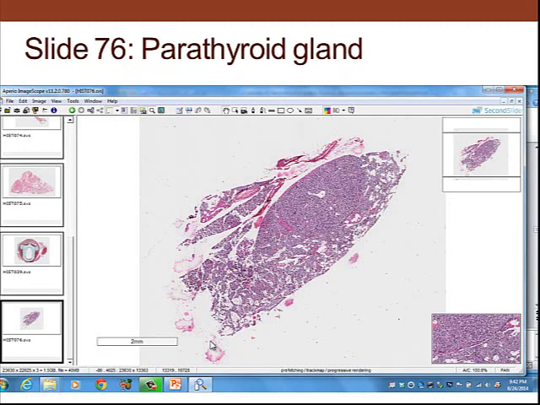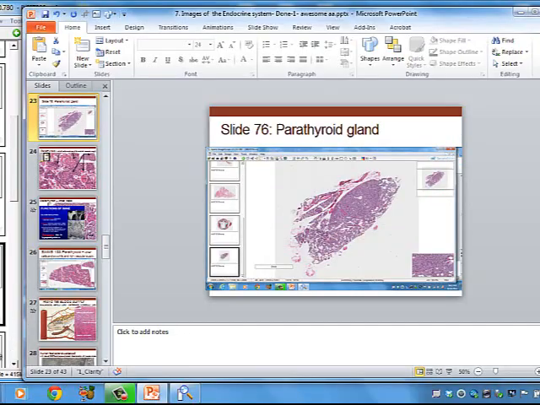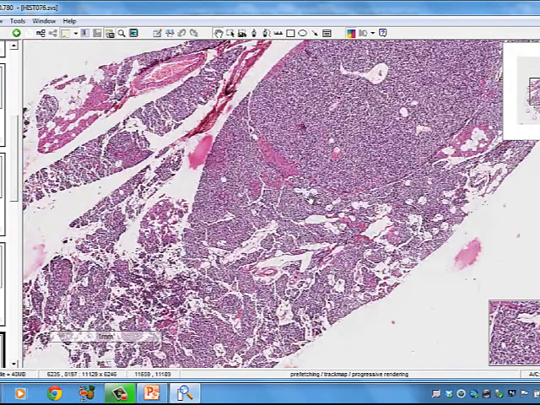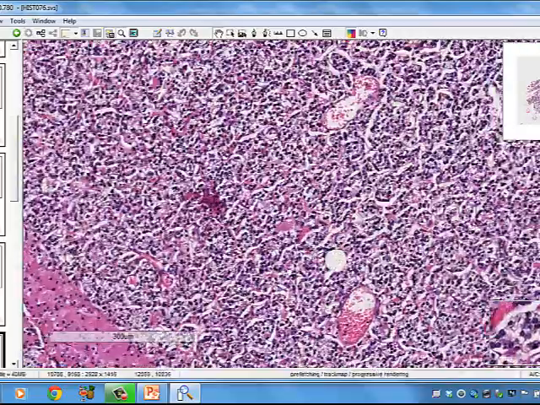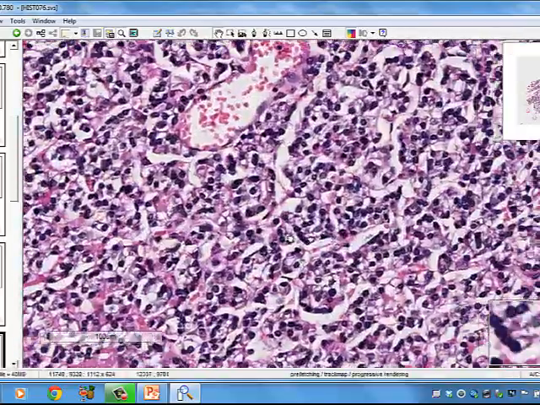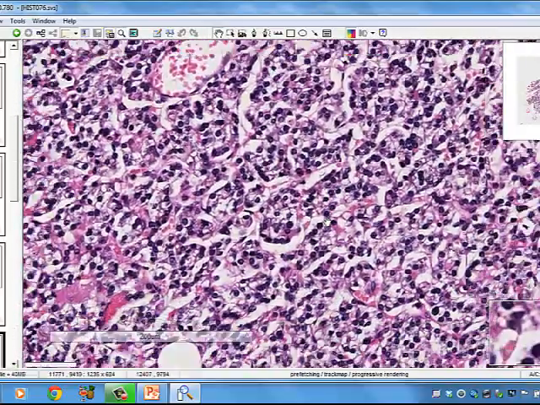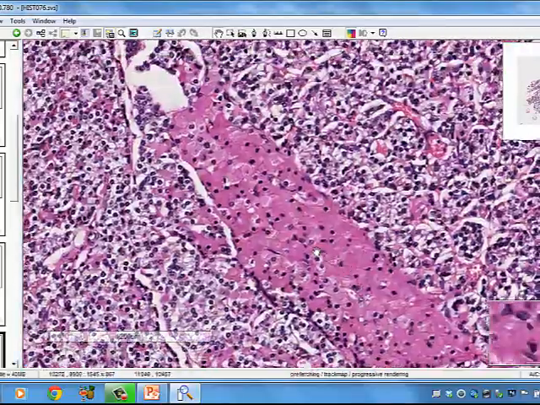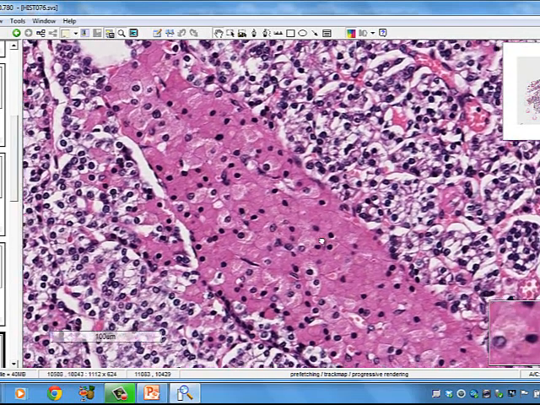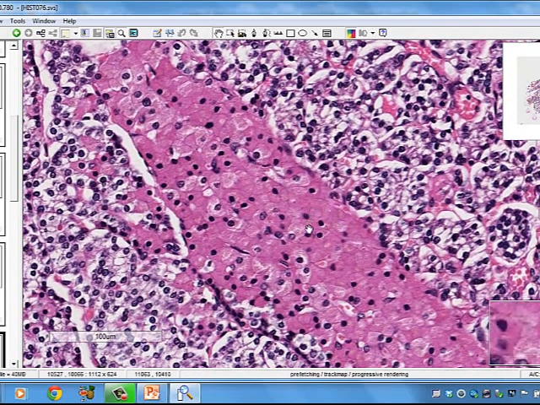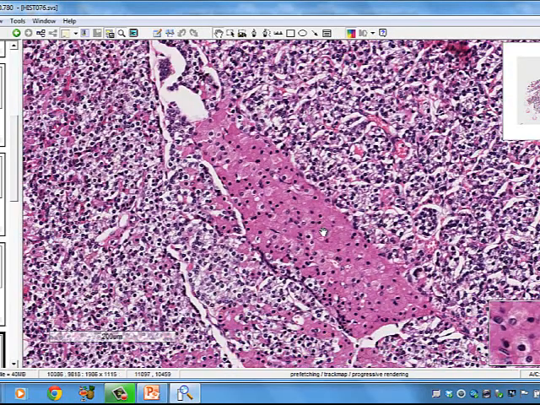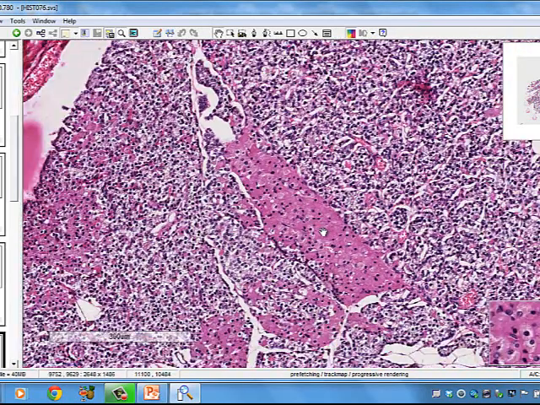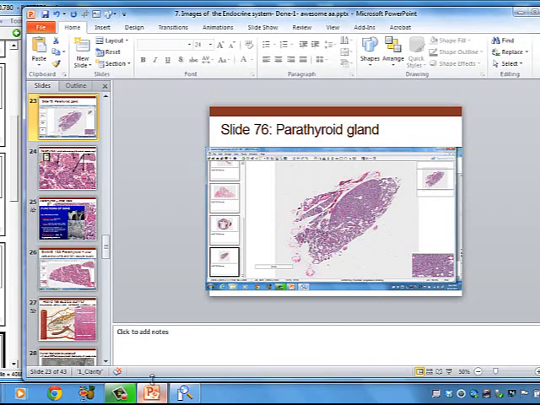And so if we take a look at this one, we can see the parathyroid hormone is being produced by these cells. These are the chief cells, and these guys are the oxyphils. We don't know exactly what the oxyphils do. They're big cells with a very small dark nucleus. Don't know what they're doing there, but they are there.